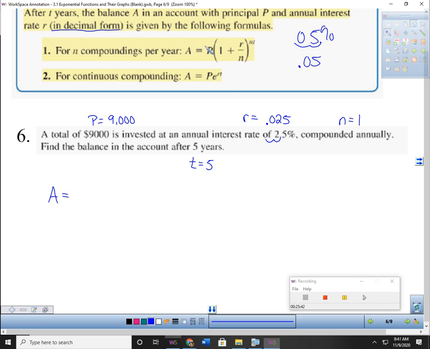If I start with 9,000, that goes in for the P. And then 1 plus my rate, 0.025, is going to go on top, over how many times I'm compounding, which in this case is 1. And then I'm going to raise that to n times t. Well, n is 1 and t is 5. And you're literally just going to plug this in your calculator as it looks.